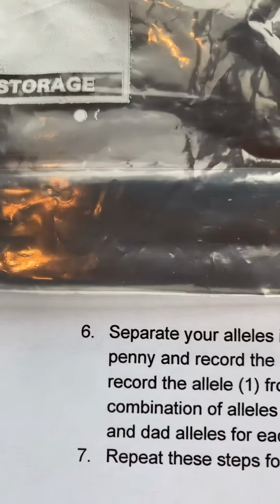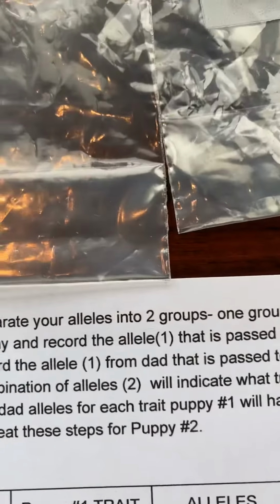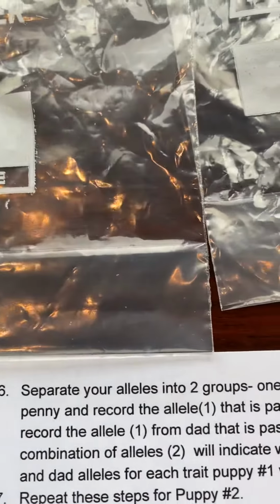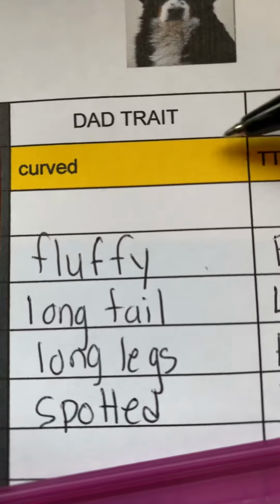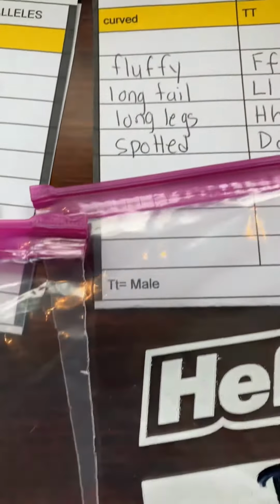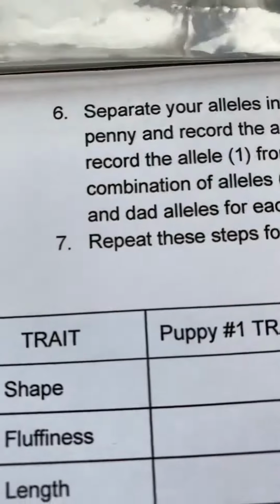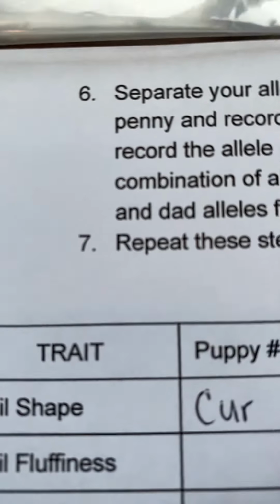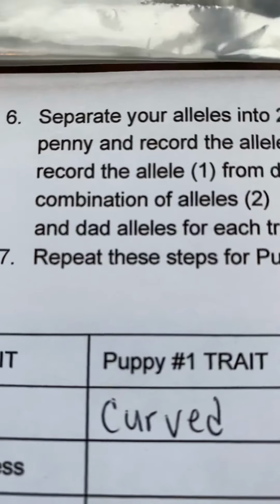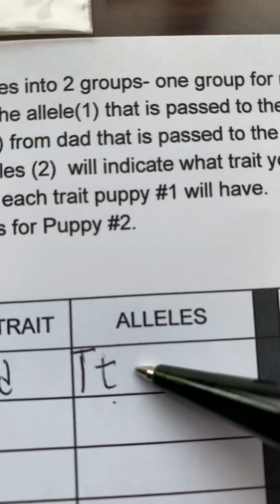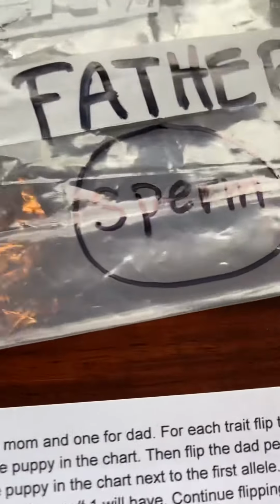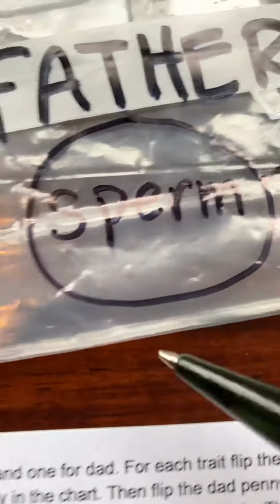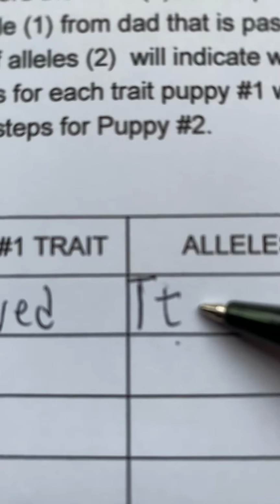So when I put in my alleles for puppy trait, uppercase and lowercase, I know that it's going to be the dominant trait. So when I look at Dad's trait, because he has the dominant alleles, I'm going to record that puppy number 1 has a curved tail, because the allele pair that got picked when one allele from mom's egg and one allele from dad's sperm came together. They made this allele pair.